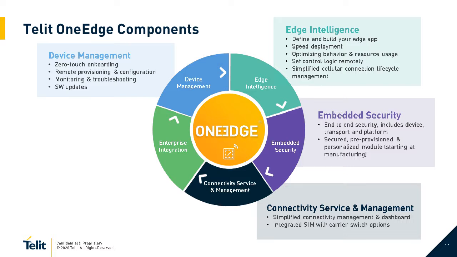In addition, we also have the connectivity service and the management of your SIMs. This can be as simple as getting your connectivity from Telit. We're a global operator. We can provide you SIMs for almost any region of the world. This all gives you a nice single pane of glass to use, whether you're managing your devices, your SIMs, or any of your application links.